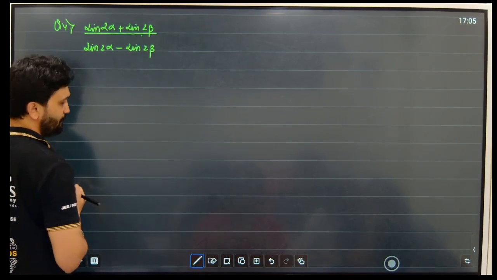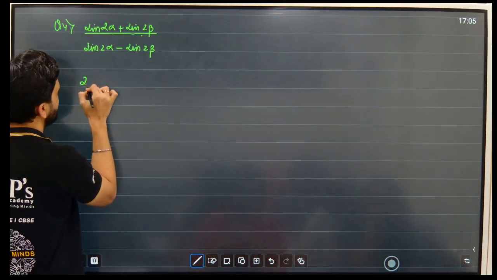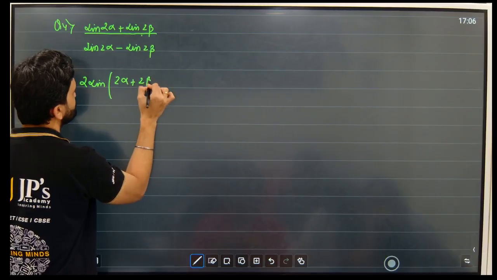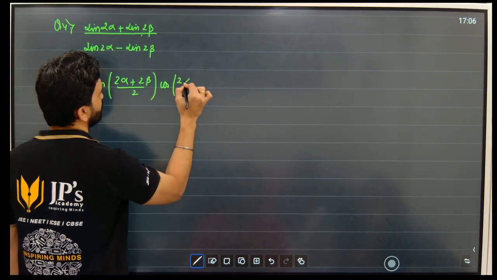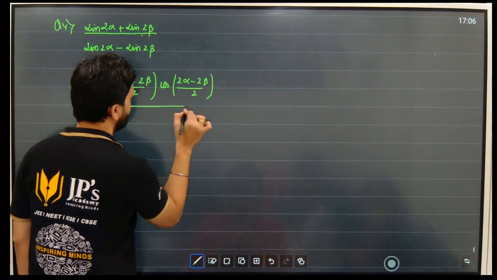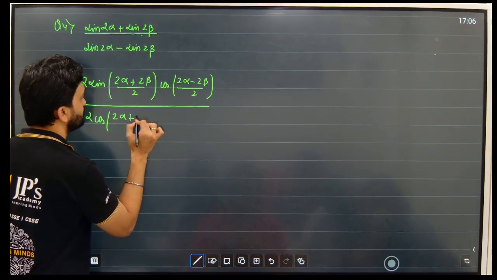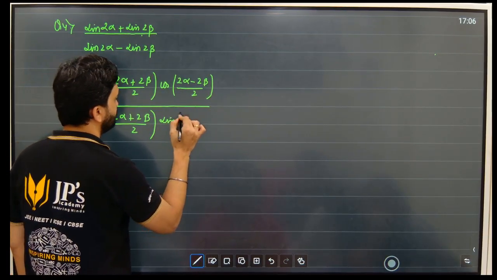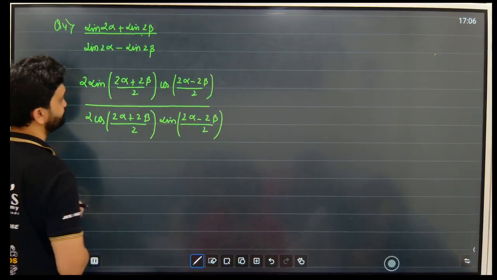Now, I have the formula for sine C plus sine D and sine C minus sine D. The formula for sine C plus sine D is 2 sine of (2 alpha plus 2 beta) by 2, cos of (2 alpha minus 2 beta) by 2, upon 2 cos of (2 alpha plus 2 beta) by 2 into sine of (2 alpha minus 2 beta) by 2.